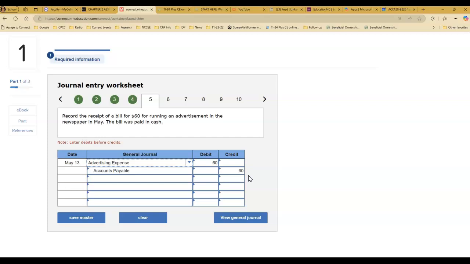Yes? Because right here it just simply says we record the receipt of a bill. No. It doesn't say any. Oh, it does. Excuse me. Goodness gracious. See?